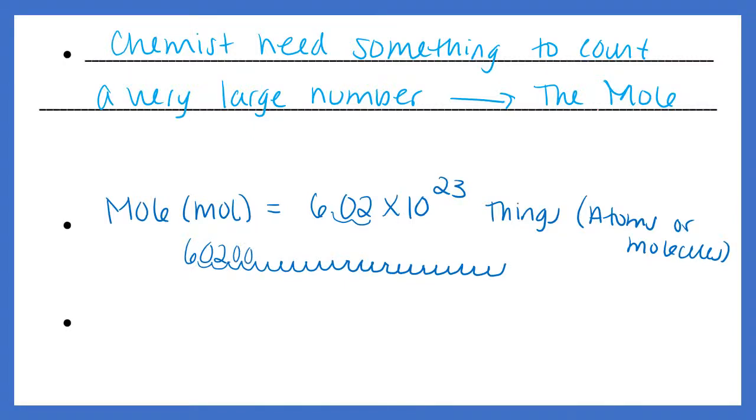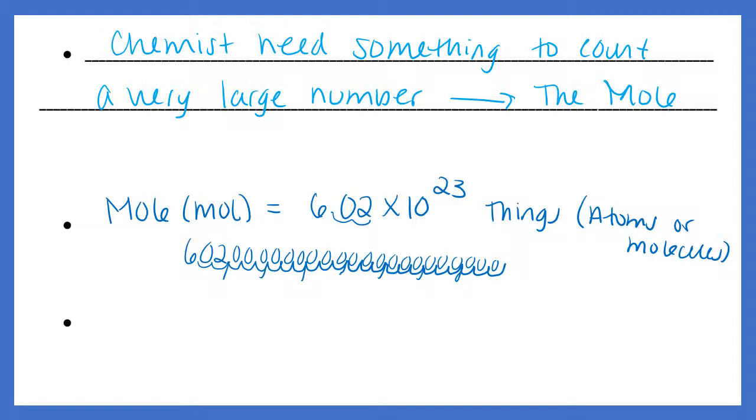So then we just fill in the rest with all zeros, in groups of three separated by commas. So it's 602 sextillion molecules. It's a ton of molecules.